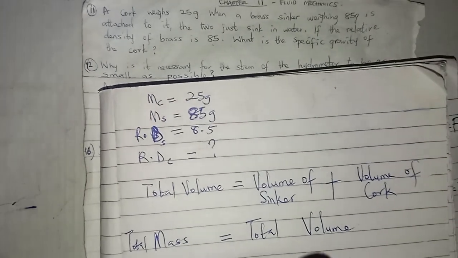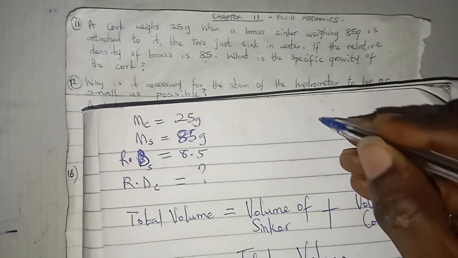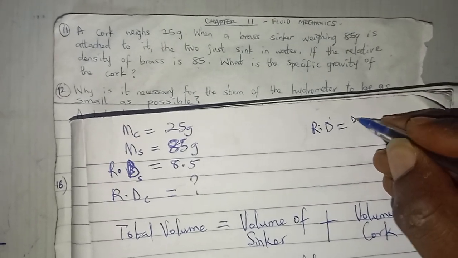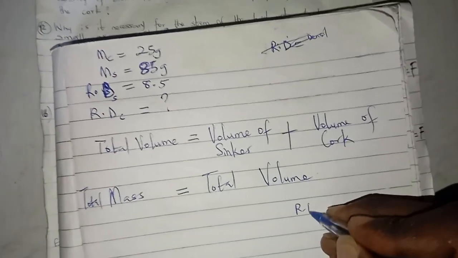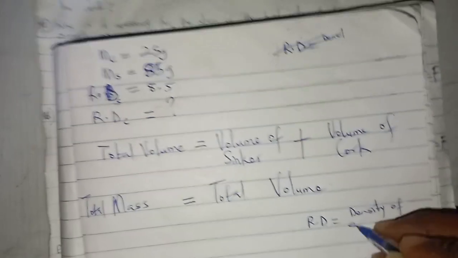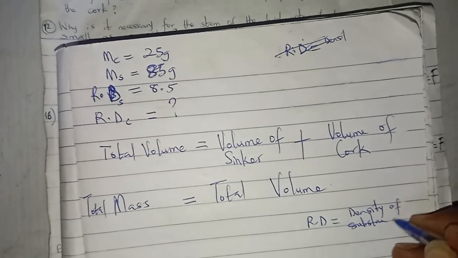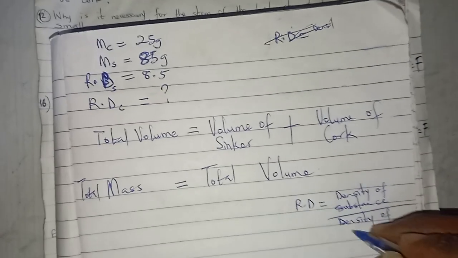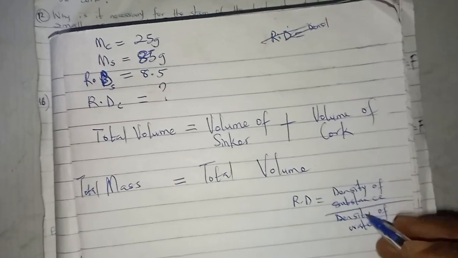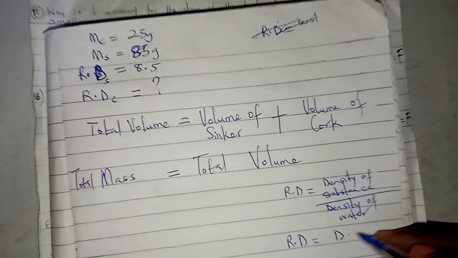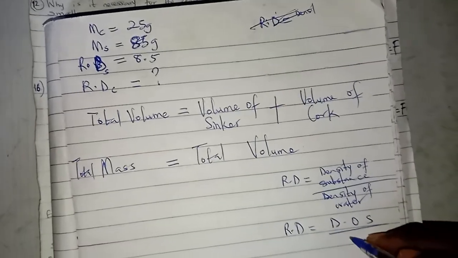We know that relative density is equal to density of substance over density of water. And remember that the density of water is 1 gram. So this is density of substance all over density of water, which is 1.